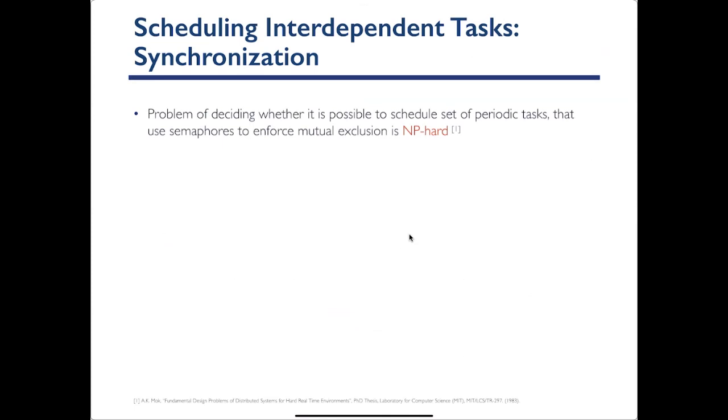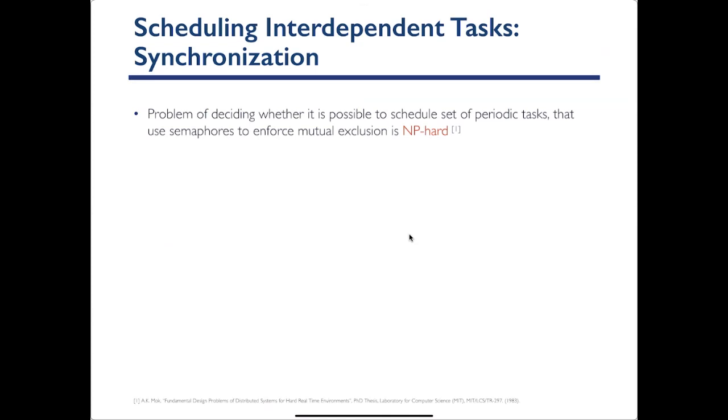Okay, so the next topic that we're going to talk about with regard to real-time systems is the issue of synchronization, task synchronization. So far, with EDF, rate monotonic scheduling, and least laxity first scheduling, all of the scheduling policies that we talked about, the main assumption was that the tasks are independent.